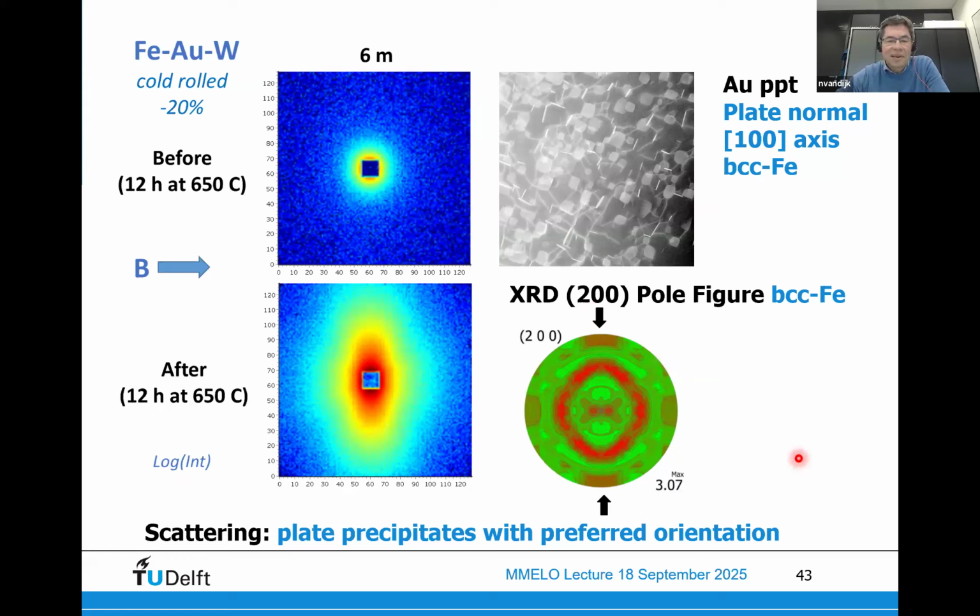And that worked quite nicely: you can explain that the pattern is extended more than what you would normally have because you have a dominant population for these orientations.